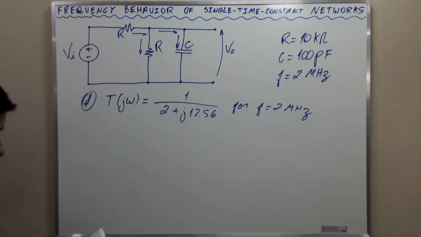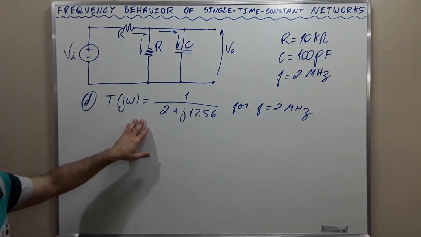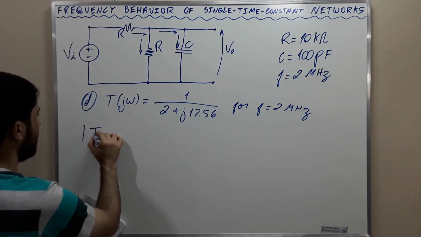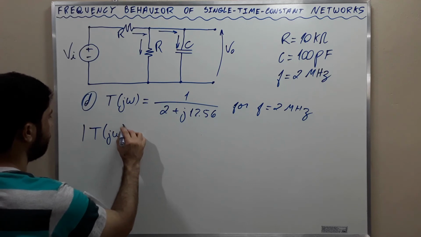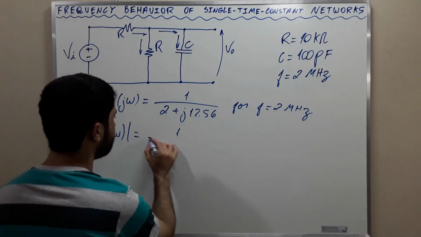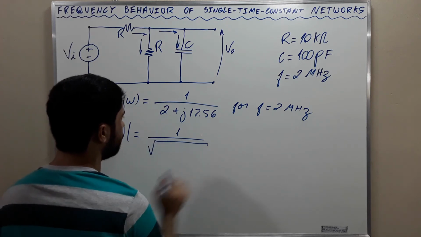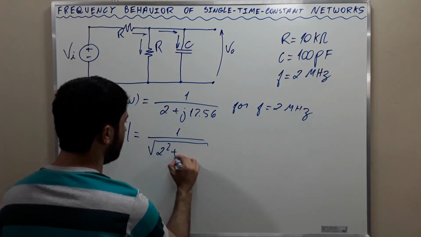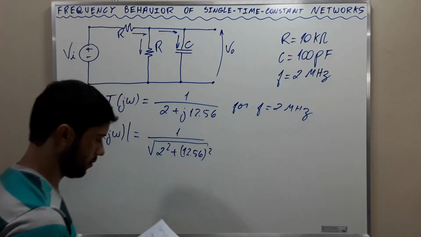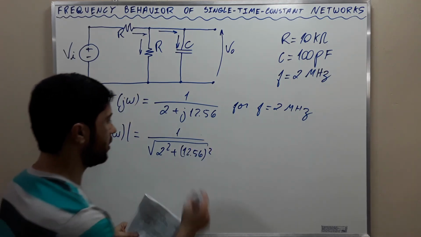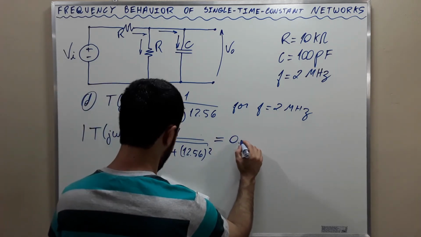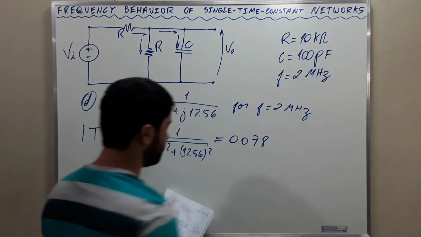Now we are going to analyze the magnitude response. The absolute value of T(jW) is going to be equal to 1 divided by the square root of 2 squared plus 12.56 squared. If you conduct this, we find 0.078.